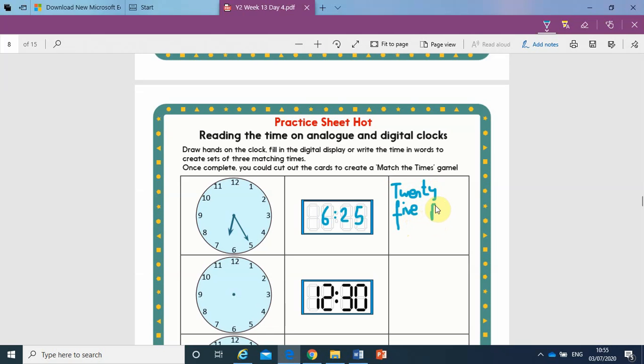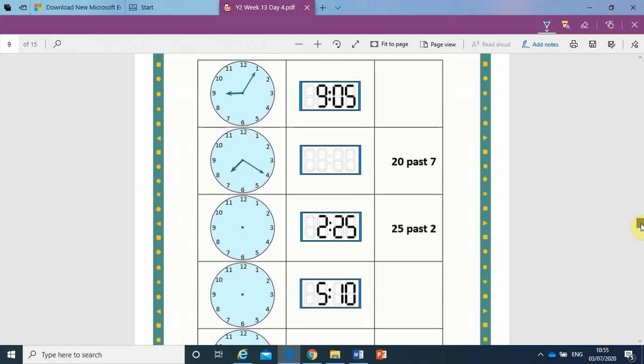We could say 6:25, but with 25, it's just the same. And it's quite tricky for me to write on this screen, so apologies. 25 past 6. Okay, so that's an example there for you.